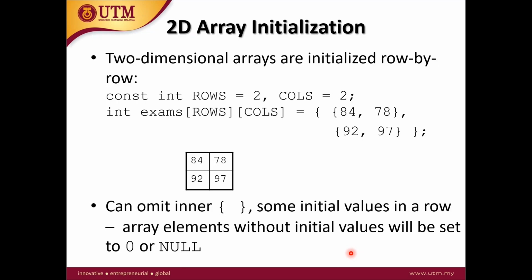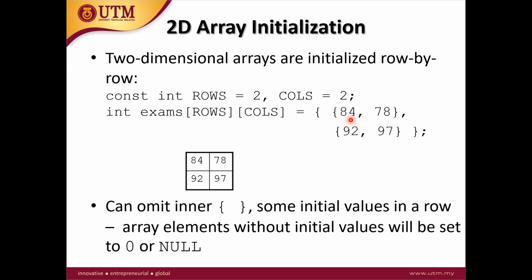Okay, in order to initialize a two-dimensional array, we need to initialize them row by row. For example, rows 2 and columns 2, specifying rows and columns equals 2. We need to open that bracket and close it at the end in order to specify the array, and each row must be between 2 curly brackets.